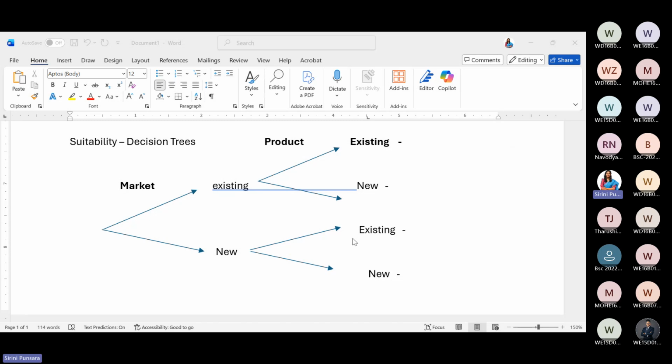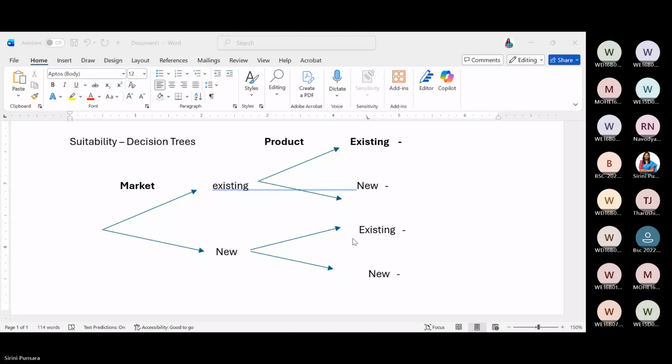Right. So tell me your answers based on the Ansoff matrix. If we are going with existing market and existing product, what is the strategy? Yes, any answers?